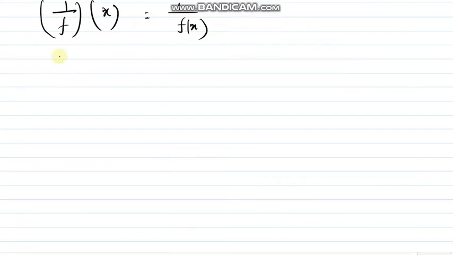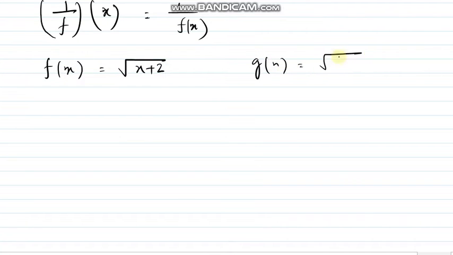Suppose the example we are going to take is f(x) equals root over of x plus 2 and g(x) equals root over of 4 minus x square. First, let's discuss what d1 will be here. For d1, x plus 2 has to be greater than or equal to 0, so x is greater than or equal to minus 2.